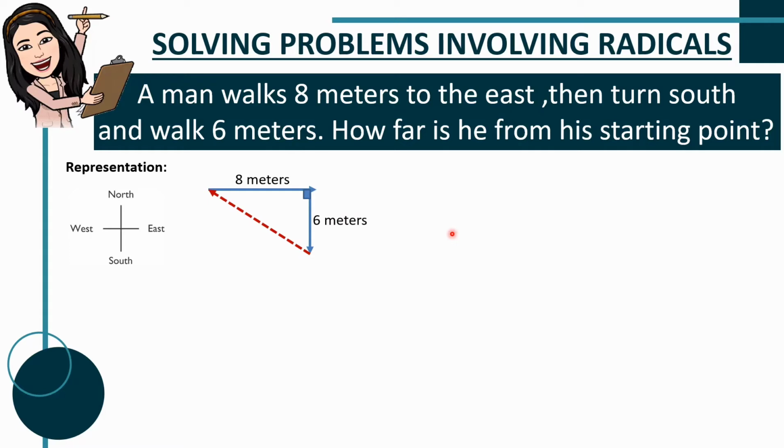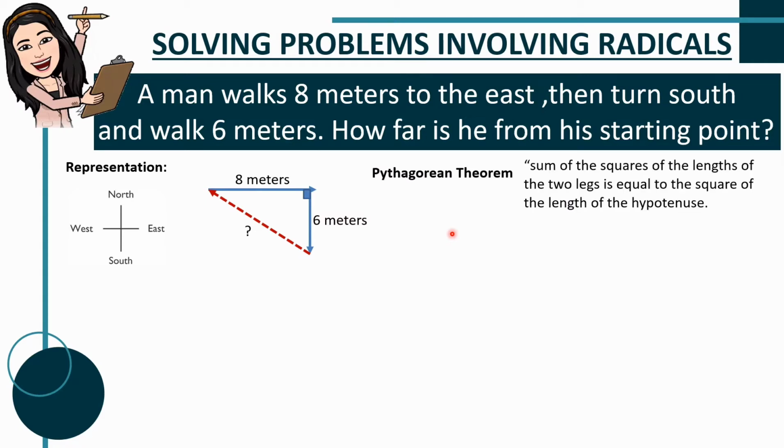So, this time, what is this Pythagorean theorem? This states that the sum of the squares of the lengths of the two legs is equal to the square of the length of the hypotenuse. So, yan yung sinasabi ng ating Pythagorean theorem. Ang sum daw ng squares ng length of the two legs.